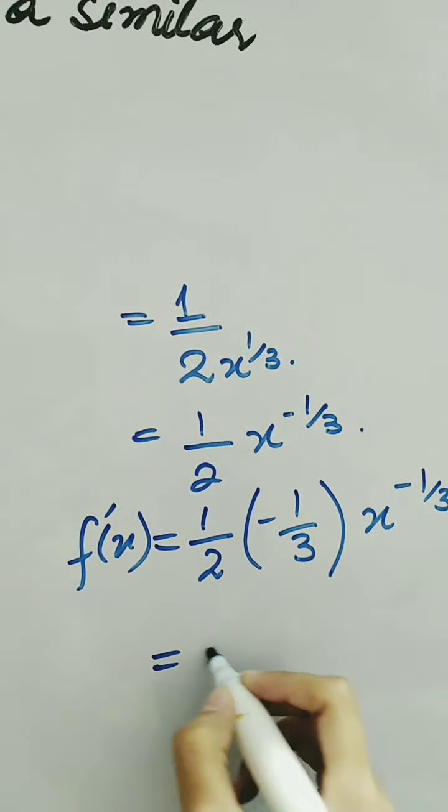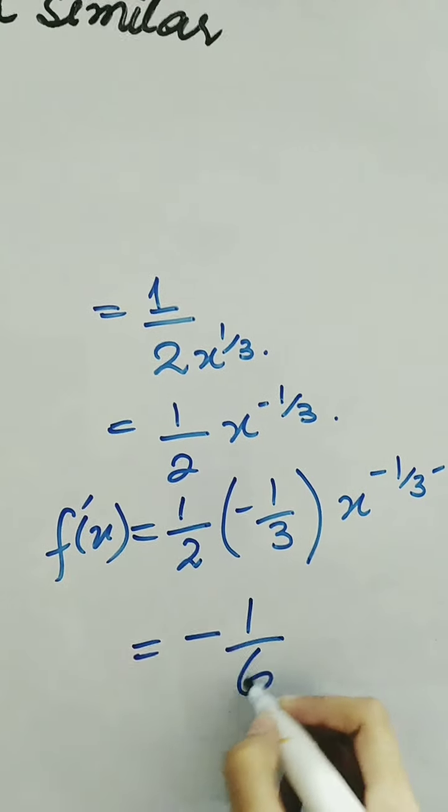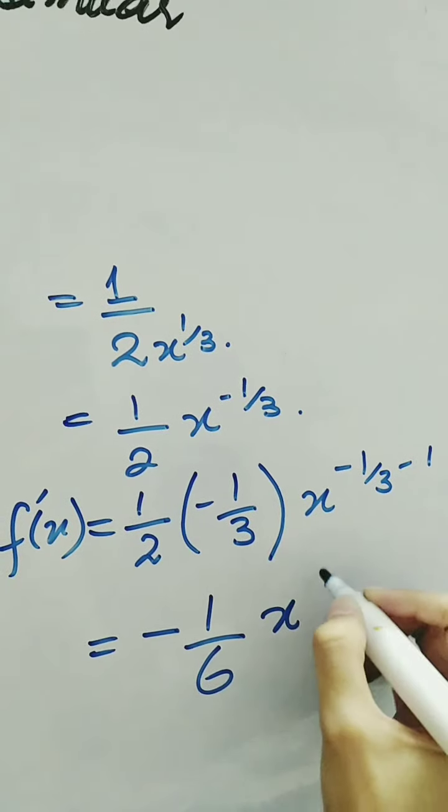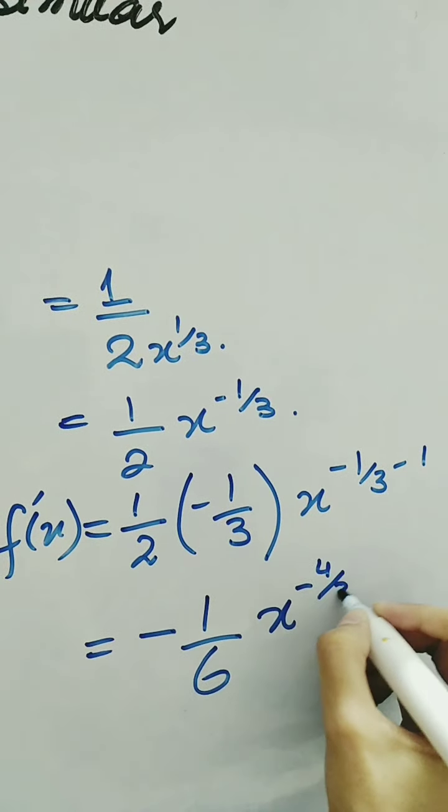Now we have minus 1 over 6 as they both multiply with each other, and we have minus 4 over 3.